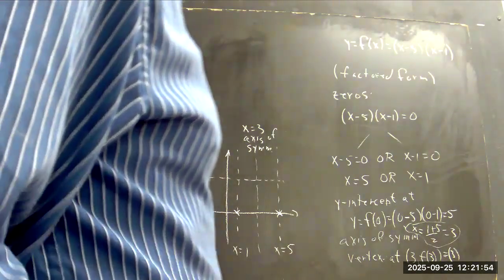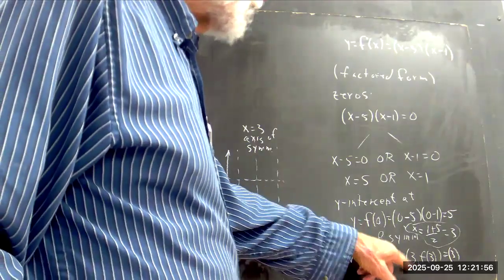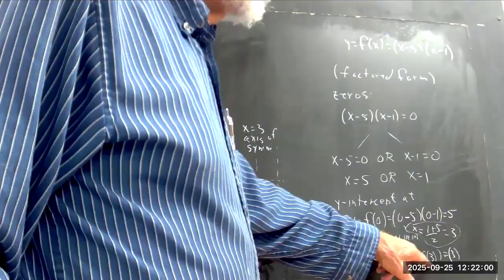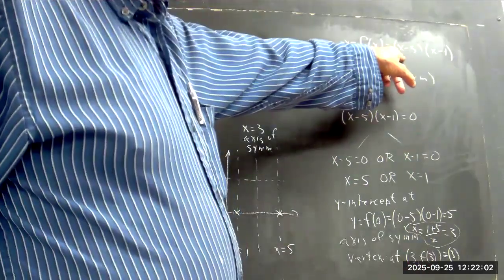So the vertex is at 3, f of 3. In other words, the x coordinate is 3. It's on the line x equals 3. And you plug 3 into the function.